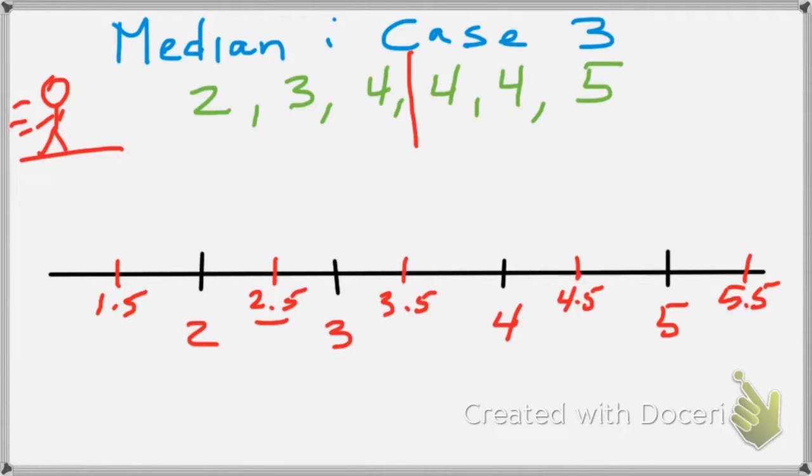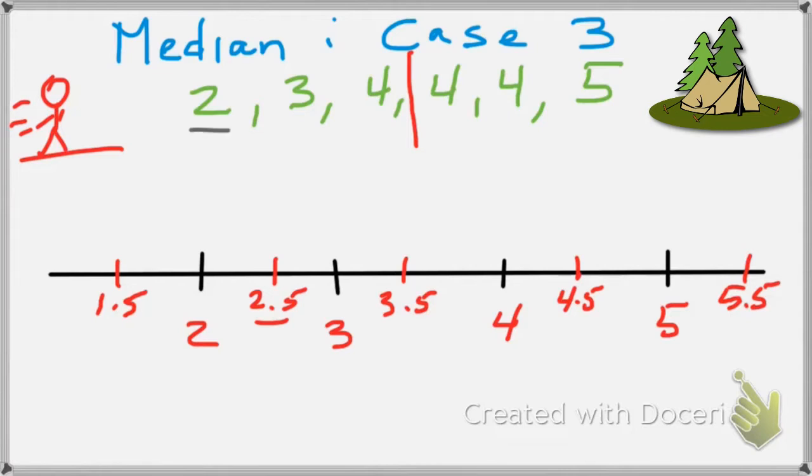Let me change my story here. Let's mix metaphors and say these 6 numbers are going to go camping, all right? So I want them each to pitch a tent on this campground here. There's only 1 2, so number 2 gets to pitch his tent, taking up the complete zone for the 2s.